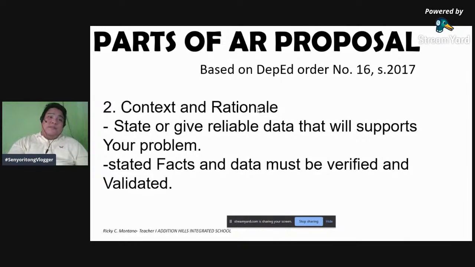Make sure that it will be validated by your superior, like principals or master teachers or supervisors. So just make sure that it was validated if you want to have your proposal in the DepEd. So they need a validated tool.